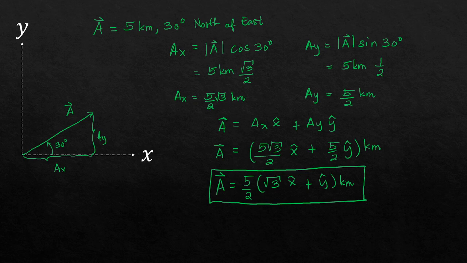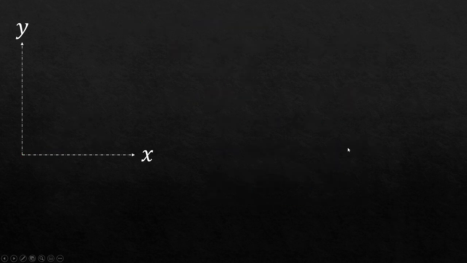Now let's get the reverse process of this one. What do we mean the reverse process? Suppose we want to express now the unit vector into Cartesian.